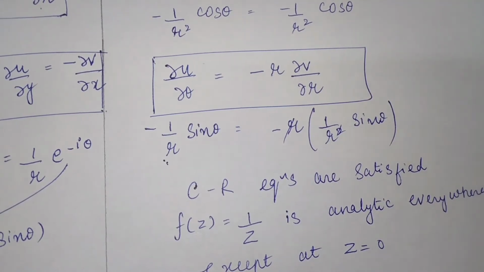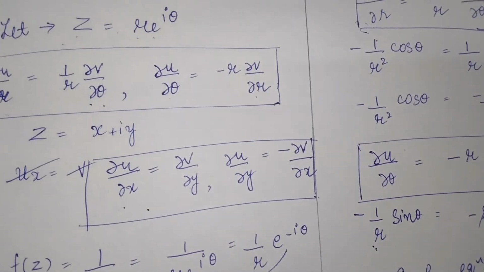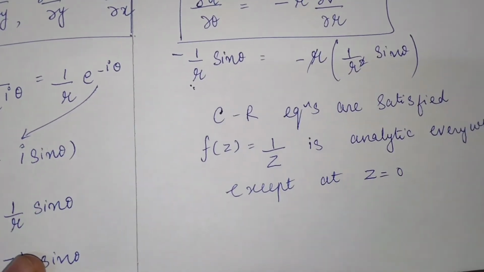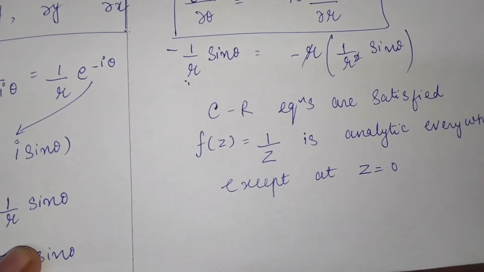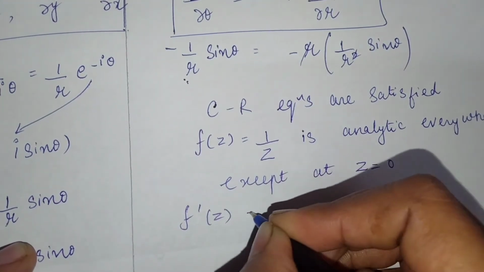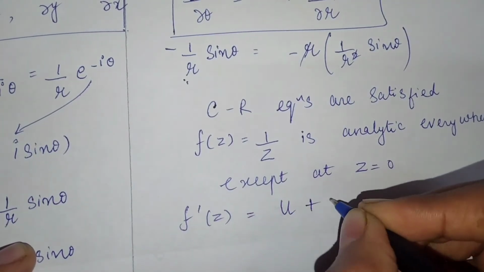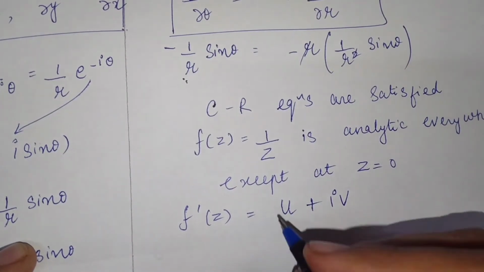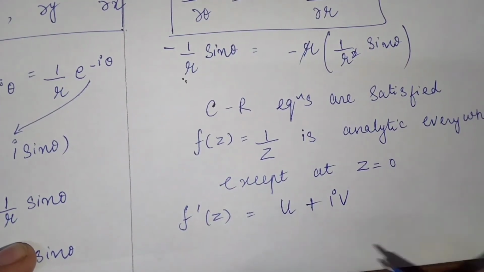Now, in the question it is also asked to find f dash of z. So how do we find f dash of z when it is in polar form? When it was not polar form, we used to find it as u plus iv, and we would put the values of u and v.